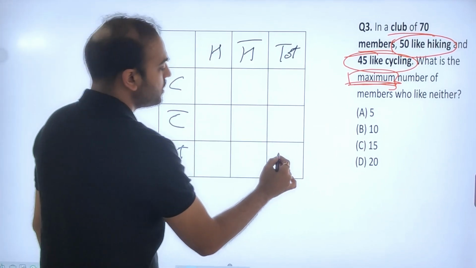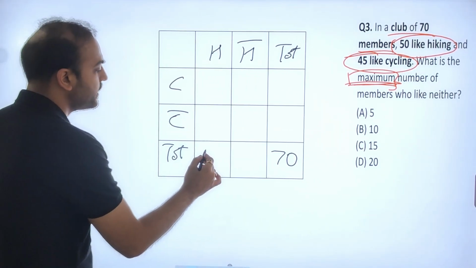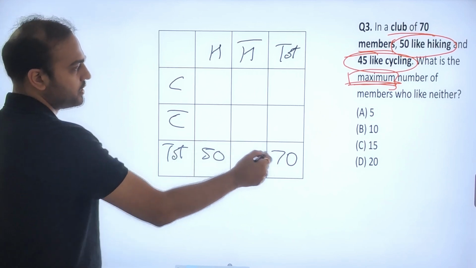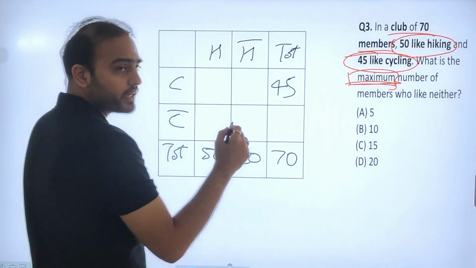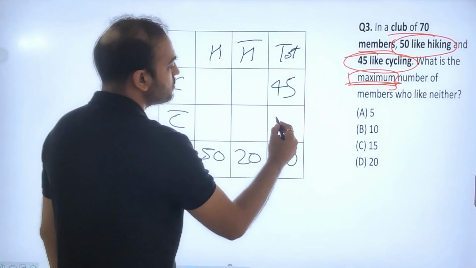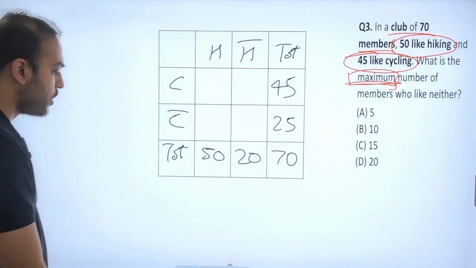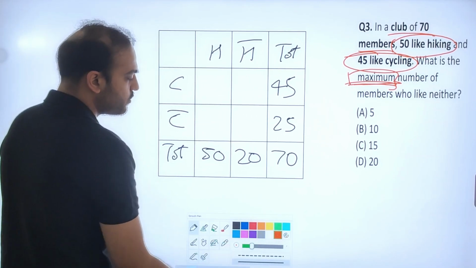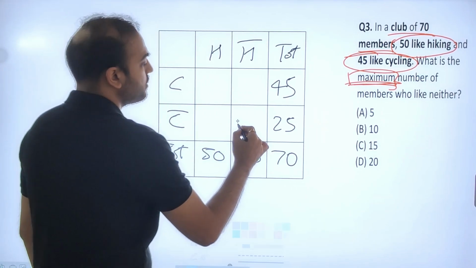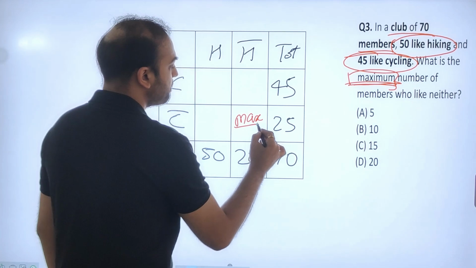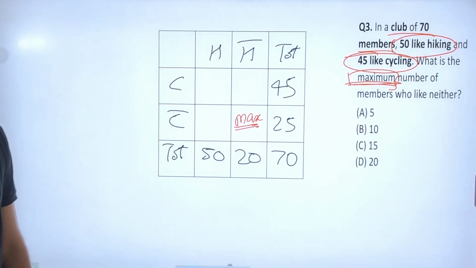Now we know there are 70 members, 50 like hiking, clearly that tells you 20 don't. 45 like cycling, which tells you 25 don't. Now what are we supposed to do? We have to find the maximum number of people who like neither. So this element needs to be maximized.